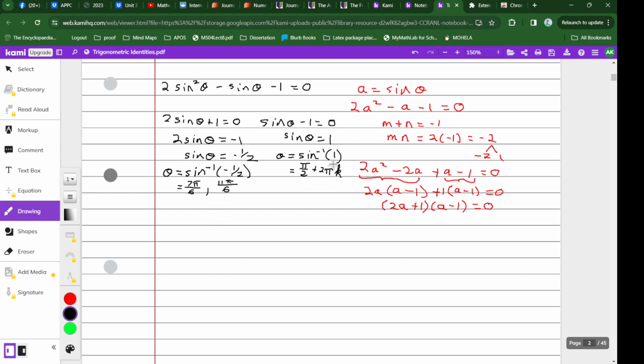And then, of course, we'd have to do the same for both of those. So like theta equals 7 pi over 6 plus 2 pi k, where k is an integer. And theta equals 11 pi over 6 plus 2 pi k.